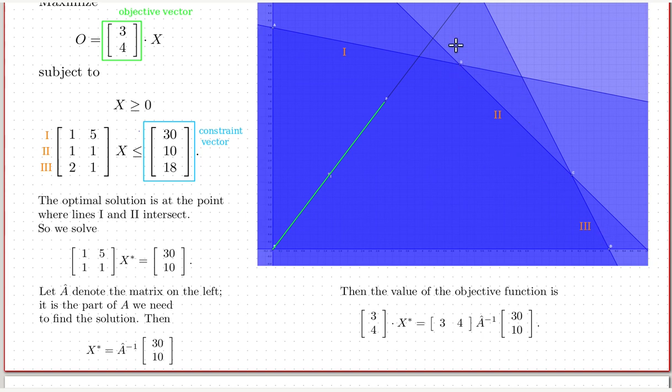A slight change in the 18 would move this line back and forth a little bit, but it still would play no role in forming this corner. So the upshot is that if you make a slight change in the 18, it won't have any effect on the optimal solution. Therefore we could say that the sensitivity with respect to this 18 is actually 0. Making a slight change in the 18 will not affect the optimal value of the objective function at all.